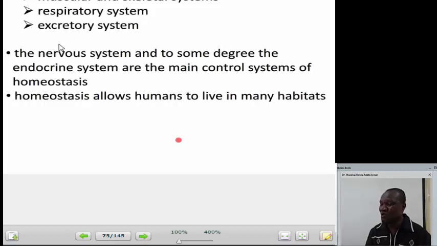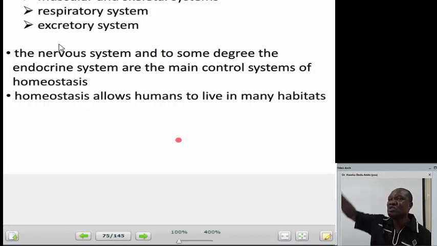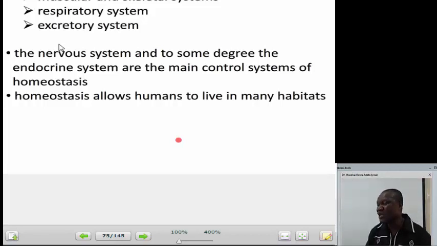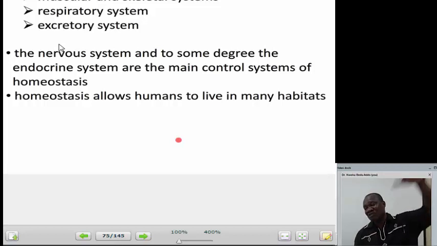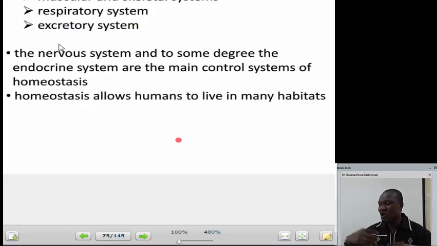If you are taken from your present environment to maybe Greenland, you still survive there because of your body's ability to maintain homeostasis. If you are taken from there to a desert place, you still survive because of the ability to maintain homeostasis.